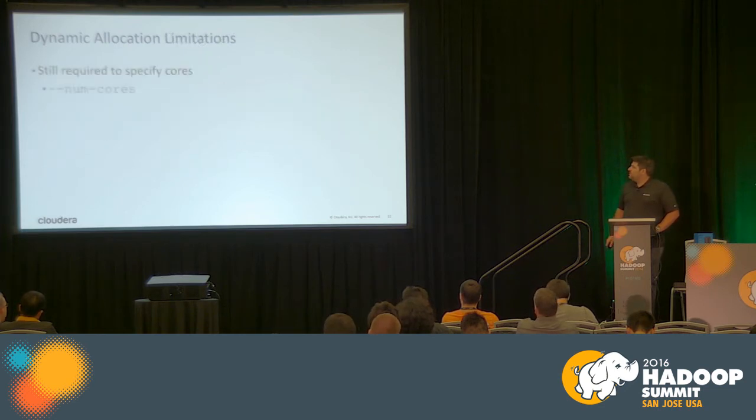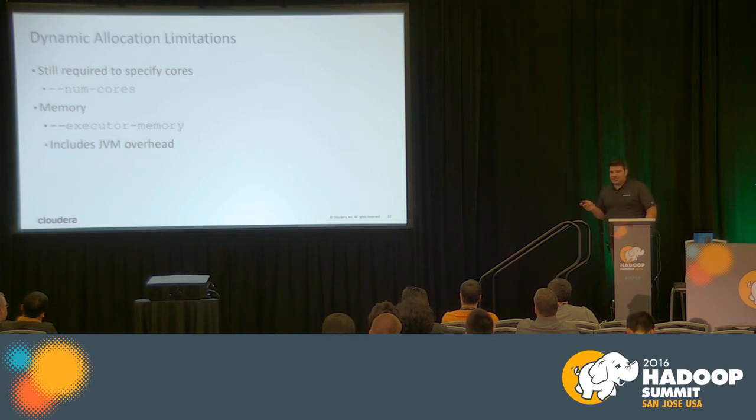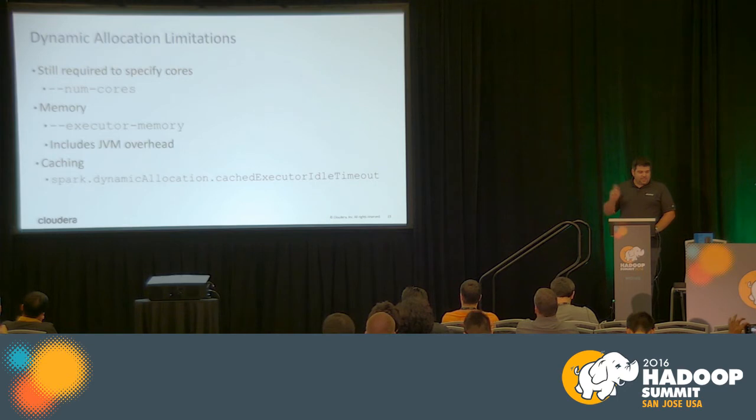Well, so some limitations. You still need to specify the number of cores. You still need to specify the executor memory. And then there's the caching caveat that I had mentioned.